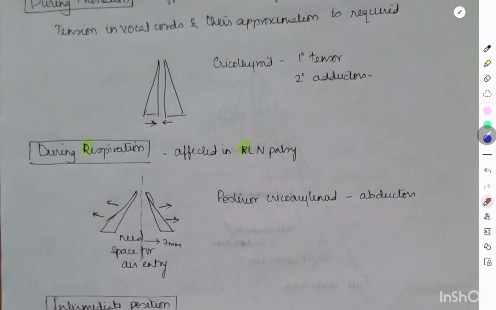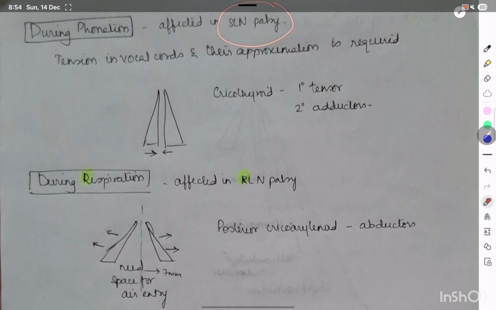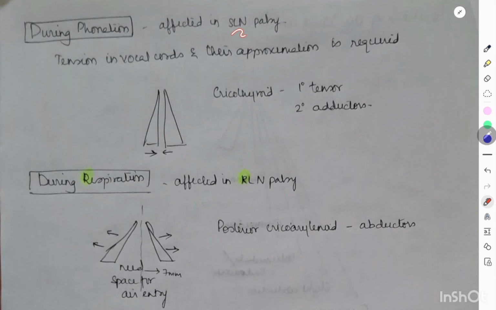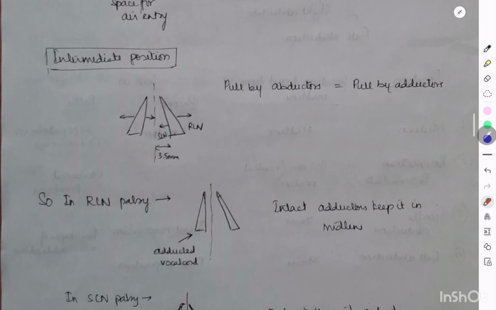So if there is a recurrent laryngeal nerve palsy, there is a problem in respiration. If there is a superior laryngeal nerve palsy, there is a problem in phonation. In intermediate position, both the abductors and adductors pull with equal and opposite force, so they will be in intermediate position or cadaveric position.